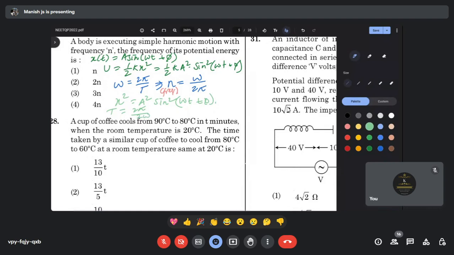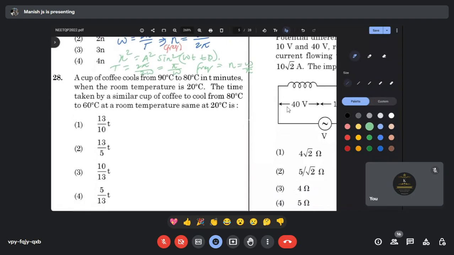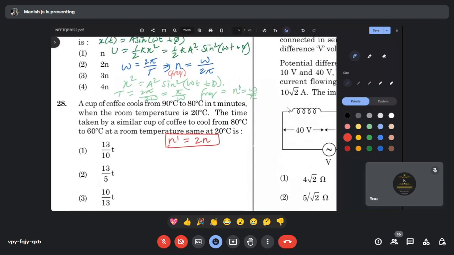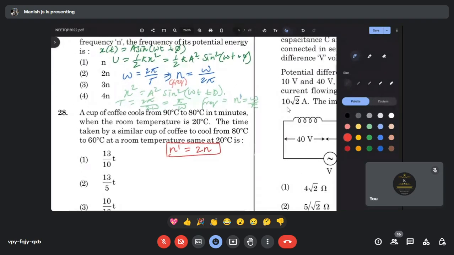The 2 gets cancelled and you get pi upon omega. So frequency is omega by pi, compared with omega upon 2 pi. To differentiate, I will call it n dash. You can see that n dash is equal to twice the frequency. So it is 2n.